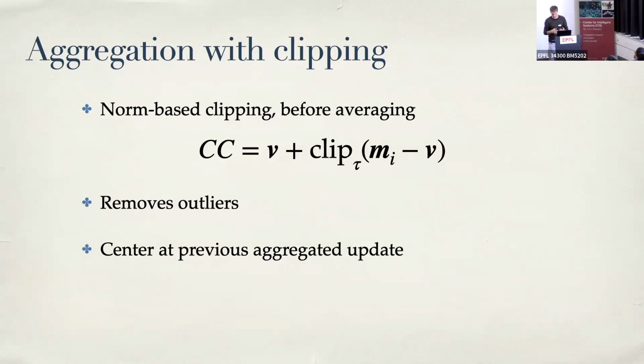So if you just clip them to the reference point, then you hopefully stabilize them around something that you trust as being good. And this works well. Another small remark is that clipping is not a bad idea anyway. There are other reasons that people do clipping in deep learning. Here we also use clipping to achieve Byzantine robustness.